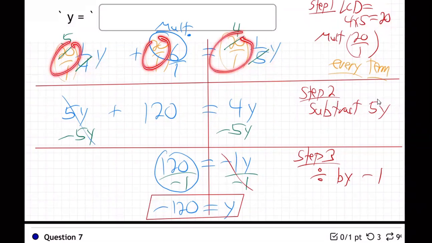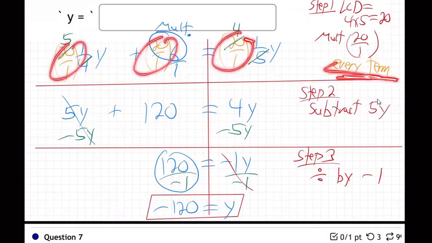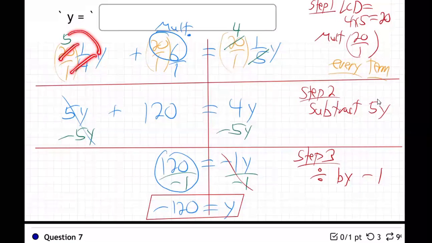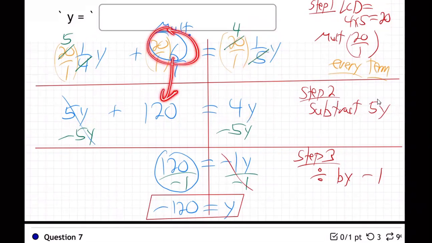It's a common mistake to only do these two or something. It's got to be all three. And then you cross cancel 4 into 20, multiply what's left over, 5y, 5 into 20, 4y, and then 6 times 20, 120. Then it's easy from there. Just subtract the 5y, divide by the negative 1. There we go.